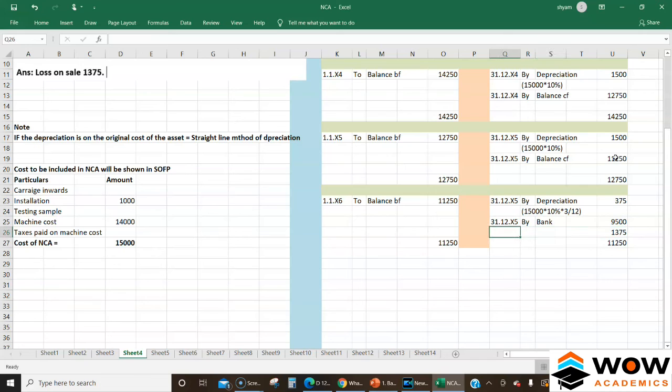But what is this number? So depreciation we have to provide only up to March. And also the date is 6. Okay, see, this goes to the SOPL. What is this? This is the loss on sale.